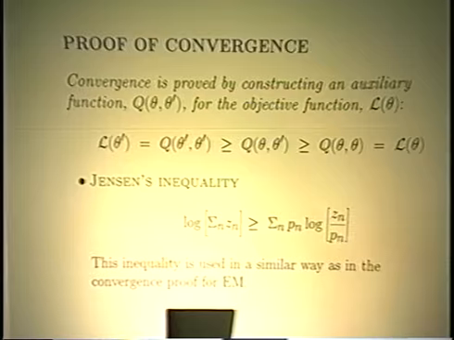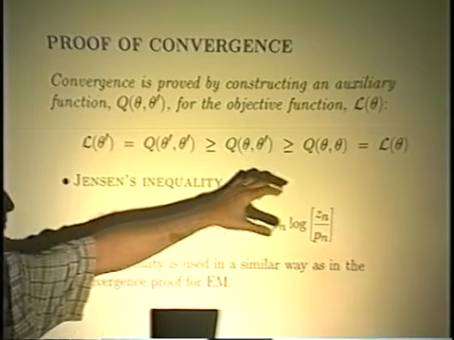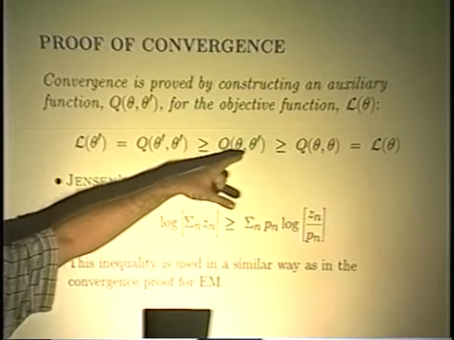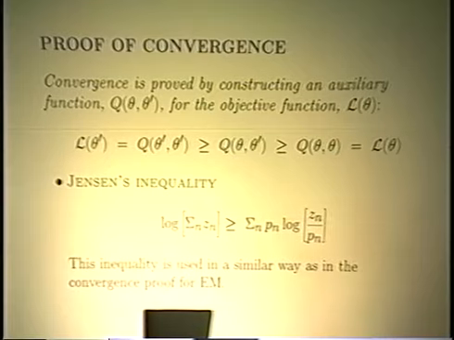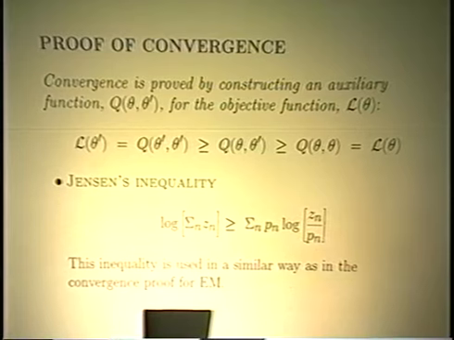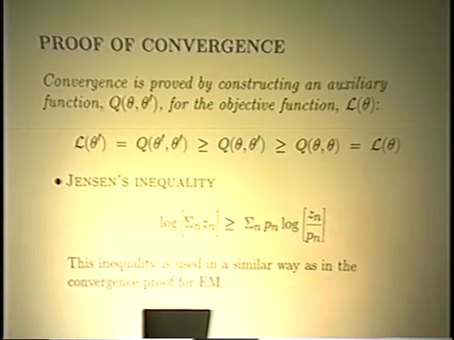You construct an auxiliary function that is a function of two sets of parameters. It has the property that if the arguments are equal, it reduces to the original objective function. And it has the property that if you alter the second argument, you always get an upper bound. And then by some manipulation of these inequalities, you can always prove that you're increasing the objective function. That's a very high-level argument.